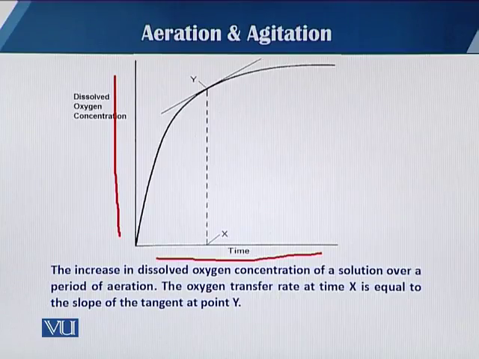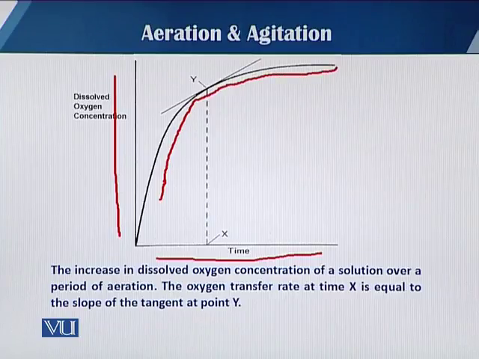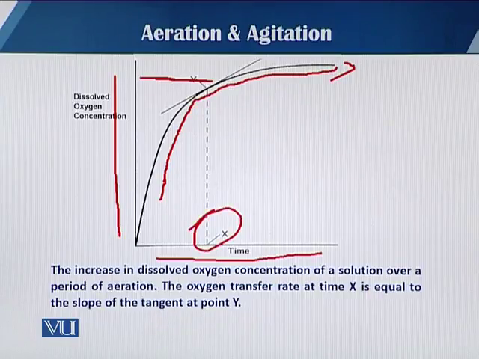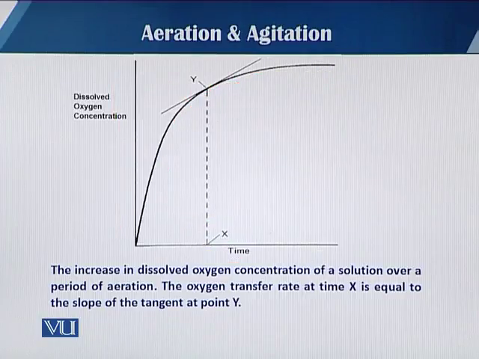When we increase the aeration, the dissolved oxygen will go up, and then it will become constant, and this point is known as the critical point. So the oxygen transfer rate at x is equal to the slope of the tangent at y. So this is the slope of the tangent at that point.